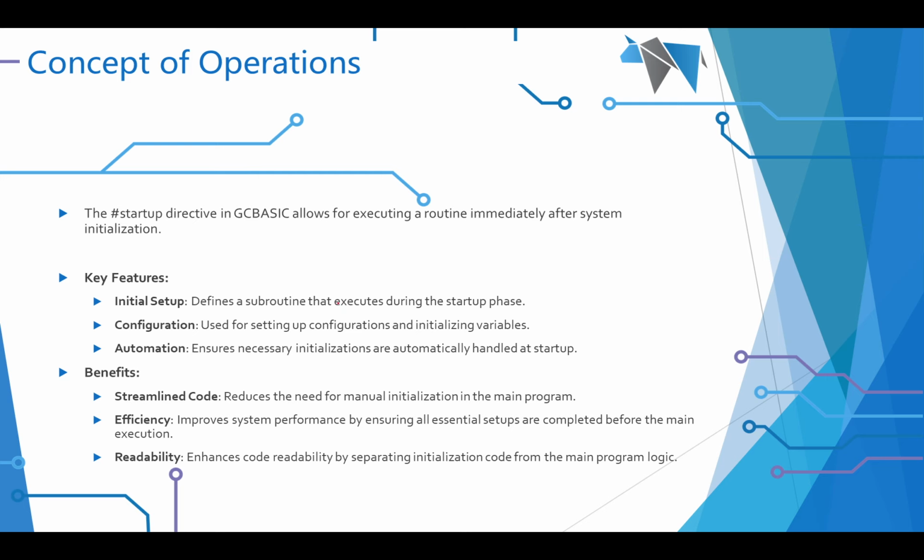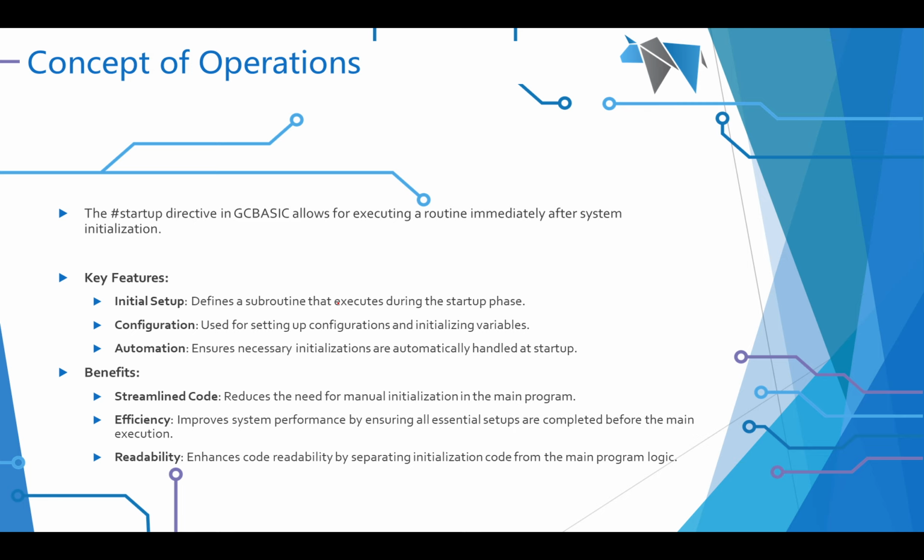So, concept of operations, you have a hash startup directive. It's always been there, and it allows you to execute code just after the system is initialized. So you can set up the PPS, which is for the more modern chips, set up the serial, set up the LCD, and they've all done that because they have this thing called hash startup, and it says go call this subroutine.